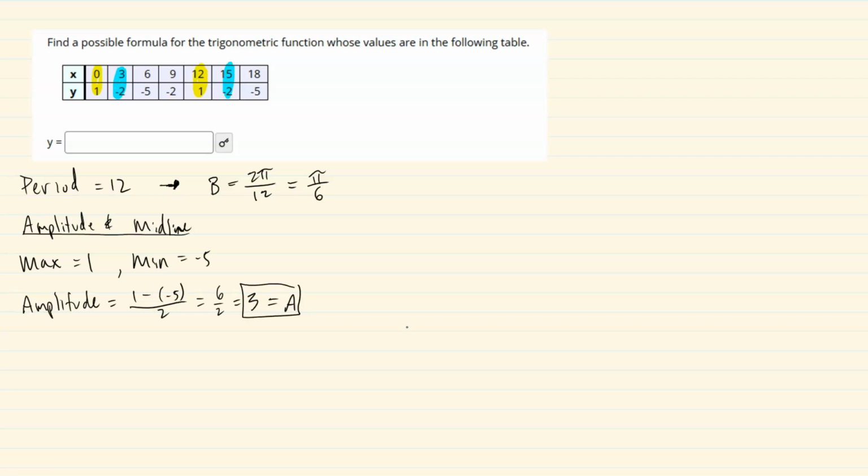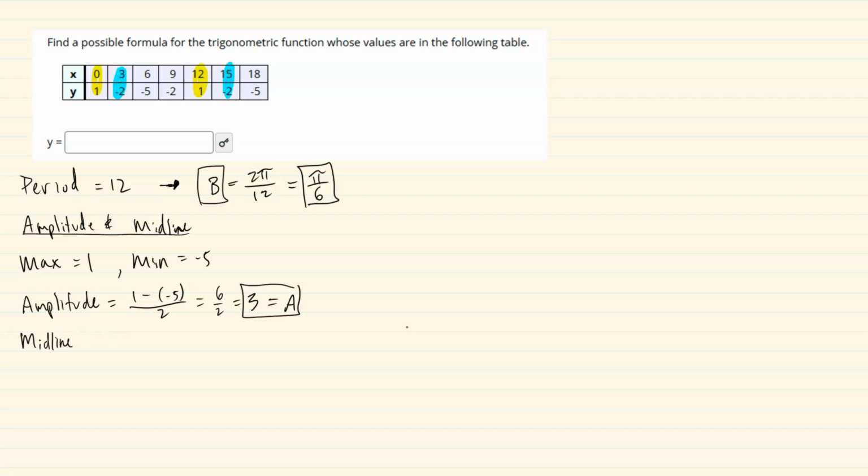So we found a, we found b, and now we can find the midline also. The midline is directly in between the min and max.